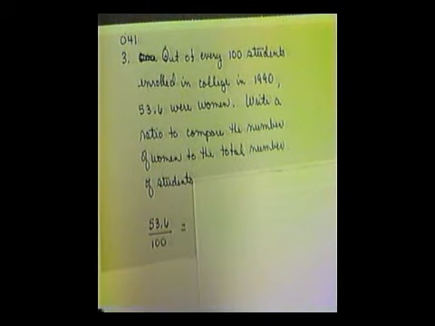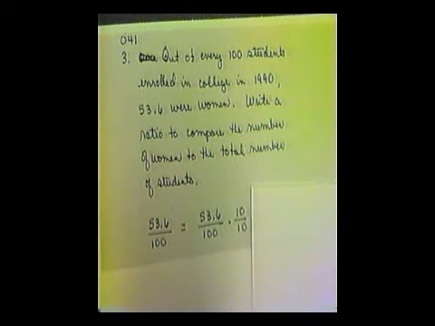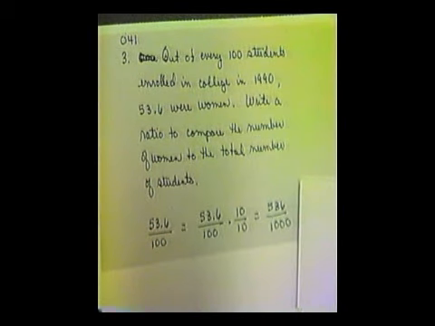So that means we're going to get 53.6 over 100, which is the total number of students. We then need to get rid of the decimal, so we're going to need to multiply by 10 over 10, to take care of the one decimal place, which gives us 536 over 1,000.